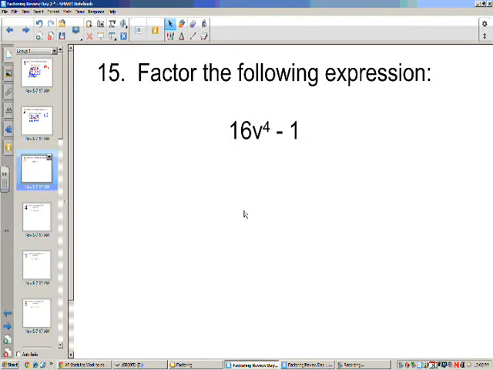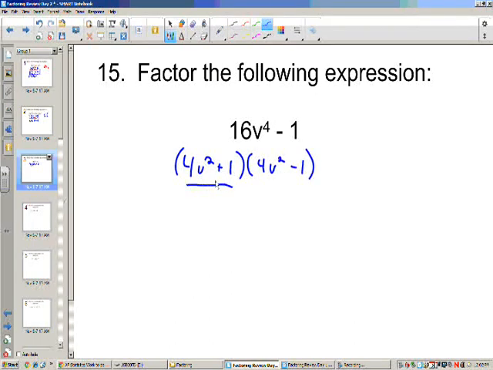Alright, moving on. This one is a little tricky because at first it's got a v to the fourth, but hopefully you can recognize that this is the difference of two squares, like you learned in the previous day's lesson. So we can take this down to 4v squared plus 1, 4v squared minus 1.